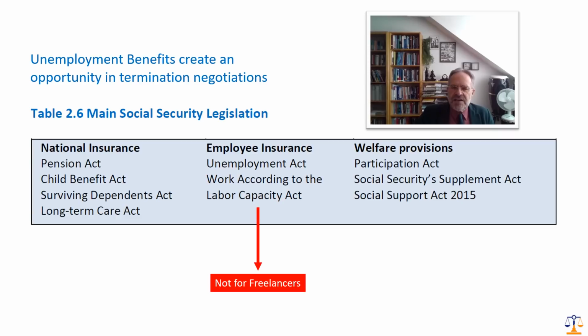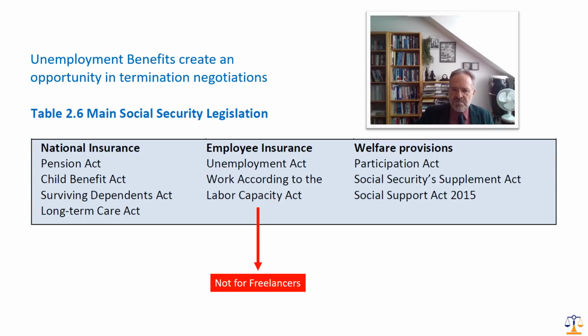They are not entitled to any unemployment benefits based on the Unemployment Act, and if they get ill seriously and become incapable to work, they are not entitled to any benefits based on the Dutch work according to the Labour Capacity Act. So they basically get nothing.